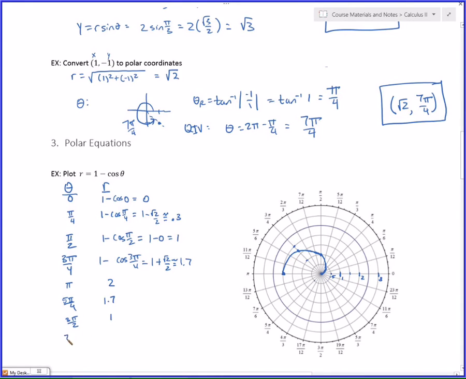And at 7 pi over 4, I would get 0.3-ish. And then at 2 pi, I get back to 0. So as I come back down here, at 5 pi over 4, I'm at about 1.7. When I'm back at 3 pi over 2, I'm at 1. And then 0.3, so on.